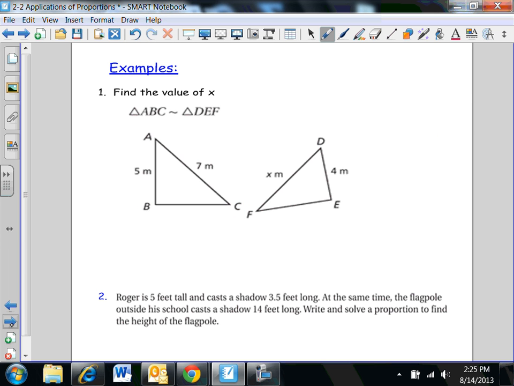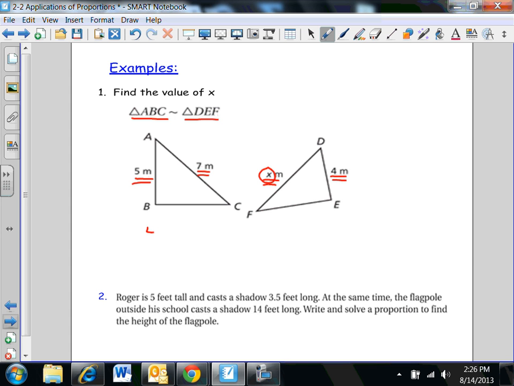Two short examples for applying proportions. The first example is using these similar figures, triangle ABC and triangle DEF. The example states that triangle ABC is similar to DEF, so we're going to create a proportion in order to solve for the missing value X. So I can see by looking at the two triangles that 5 is corresponding with 4, and 7 would be corresponding with X. So I'm going to set my proportion up in such a way.